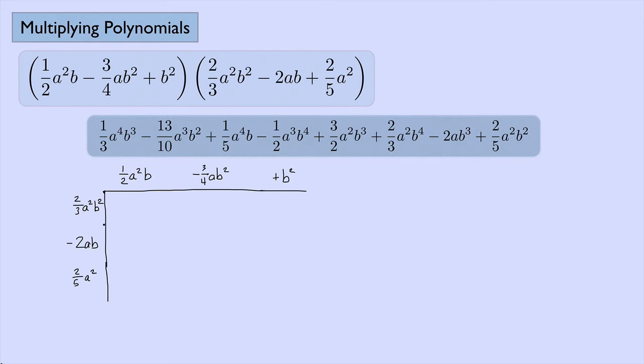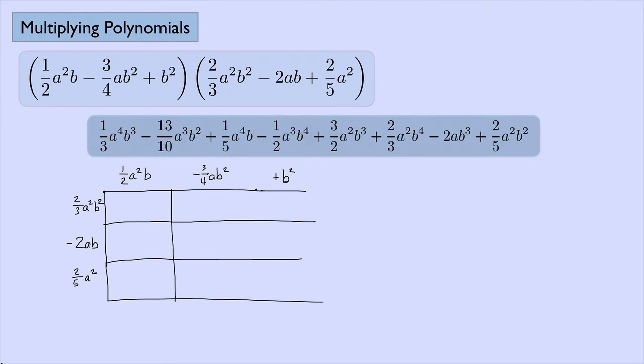And here's my grid. So this is a 3 by 3 grid, and I have to fill in the entries and then add them all up, and should get the same thing if everything works out correctly. Okay, here's my beautiful grid.